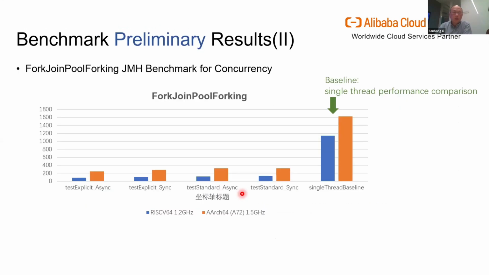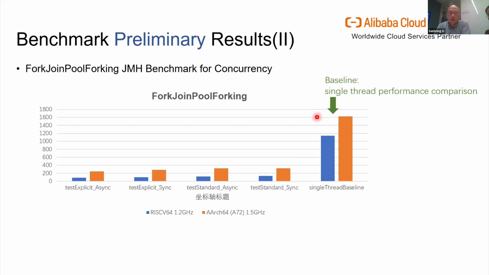Next, we can see another interesting test. It's one of the macro benchmarks from the JMH test suites, and the test is used to evaluate multi-thread performance. First, let's see the baseline test.